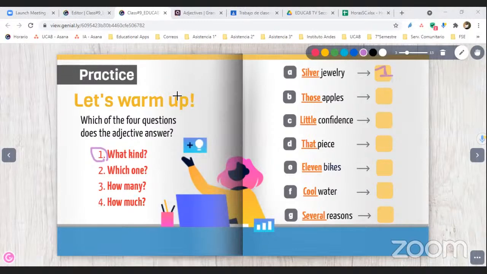So maybe Ildamar. Ildamar, can you tell me in letter B which question you think the adjective is answering, please? You can do it with your microphone or through the chat, however you feel more comfortable.